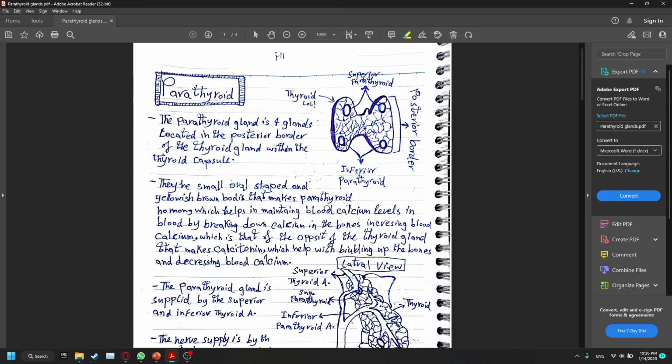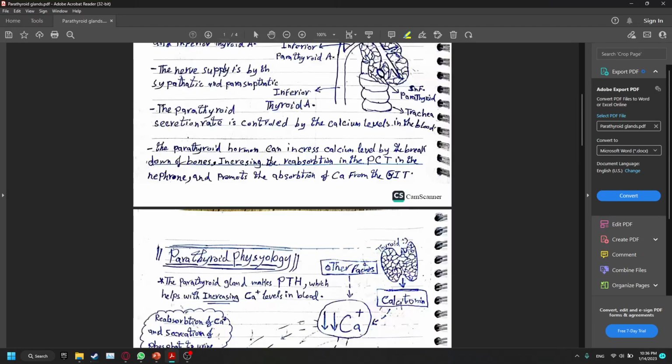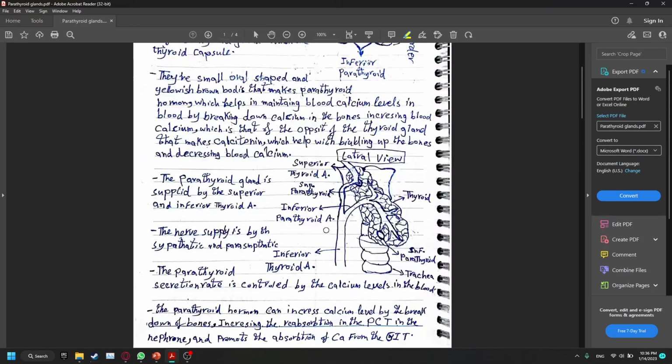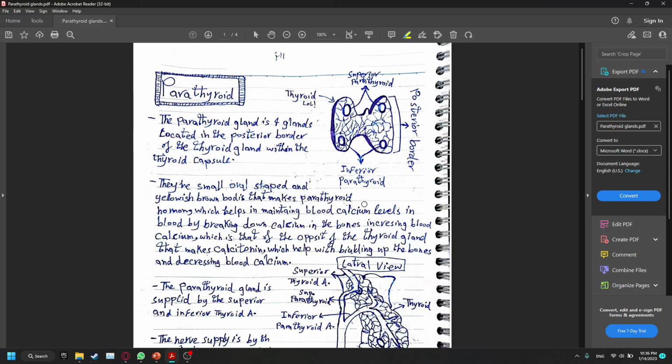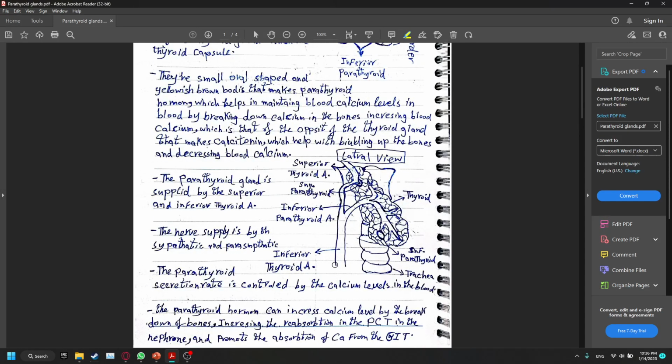I'm not going to talk about it right now. We're focusing on the anatomy here. The physiology, we're going to get into that in a second. So the position of it, we just mentioned it, behind the thyroid. The blood supply here comes mainly from the inferior thyroid artery and the superior thyroid artery.